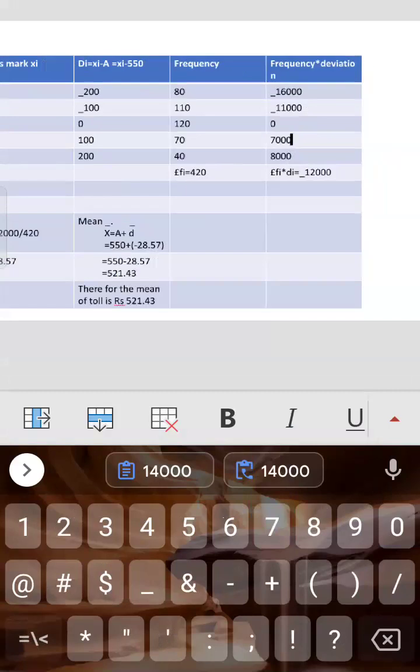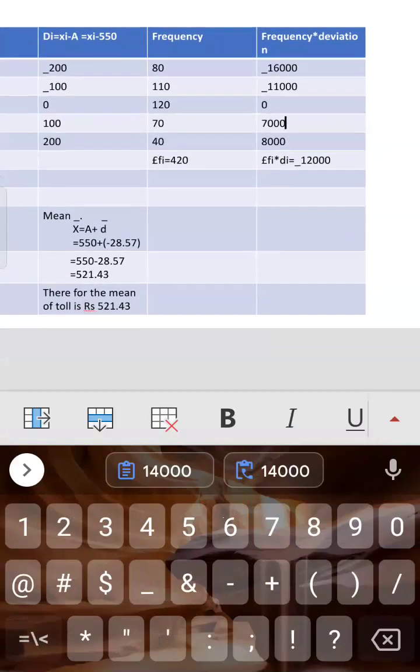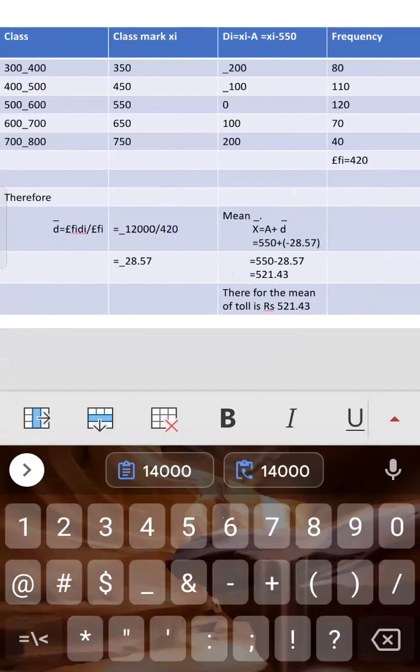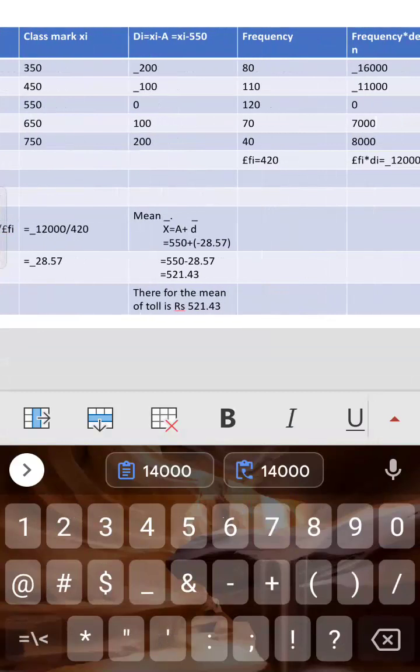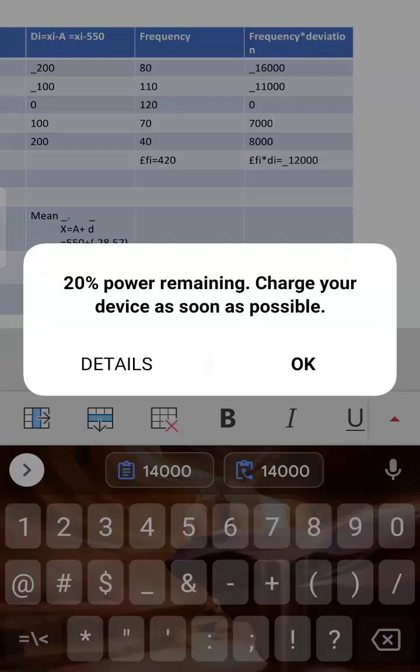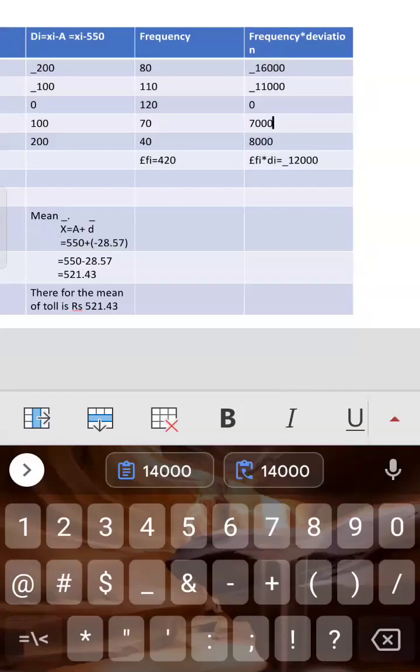Then first add the negative numbers, negative 27,000.